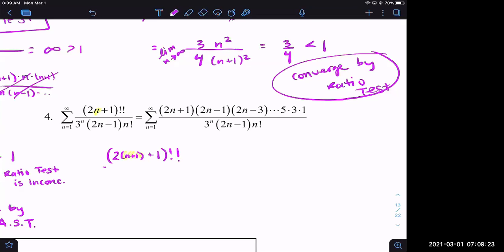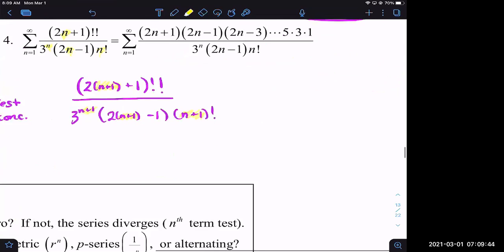Same thing in the denominator. So I have 3 to the n plus 1 times 2 times n plus 1 minus 1 times n plus 1 factorial. Again, every one of these n's I just swapped out for an n plus 1.